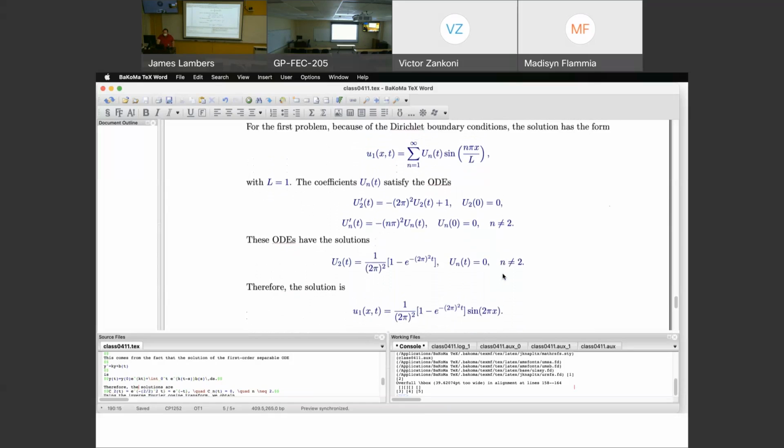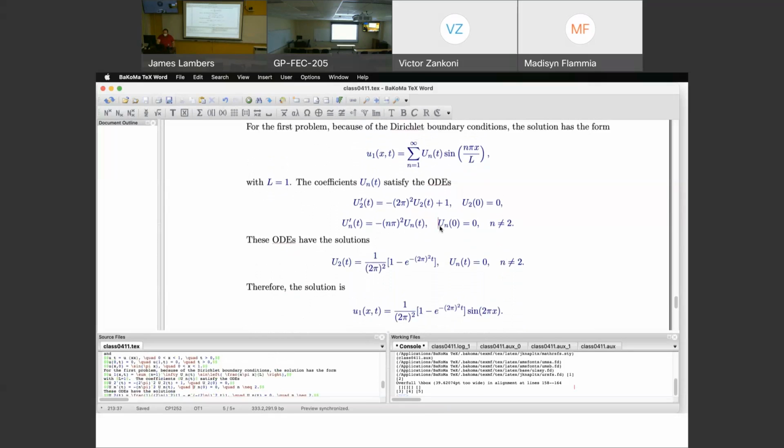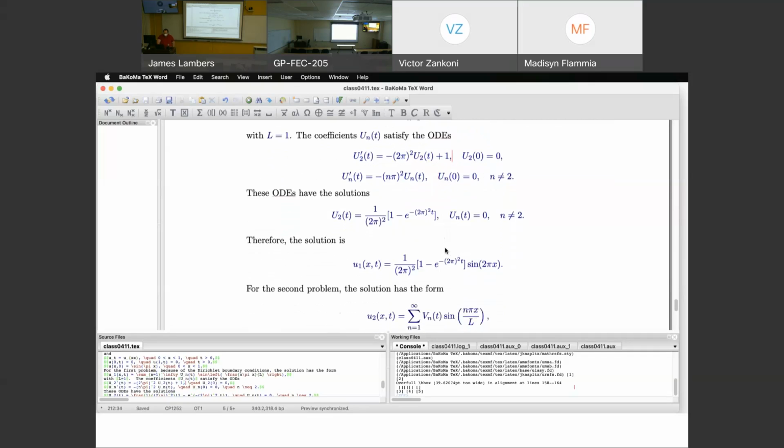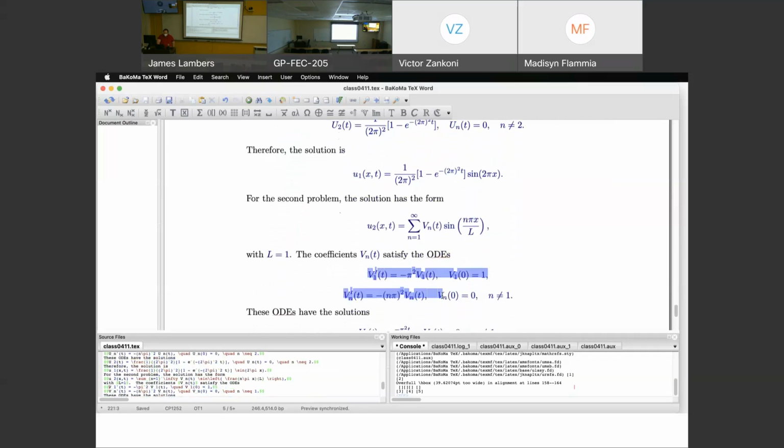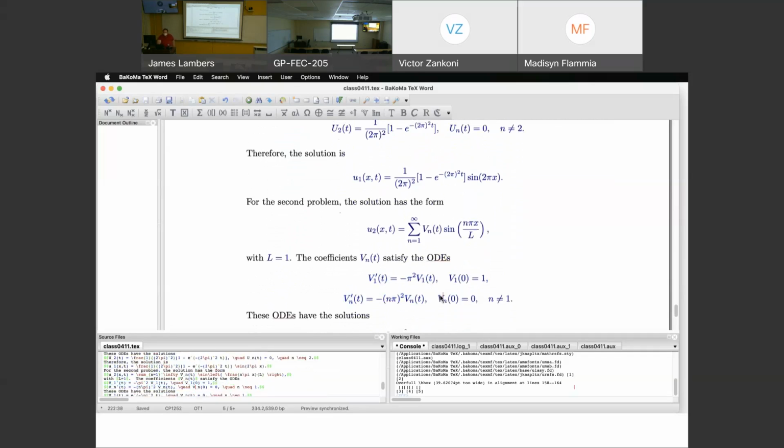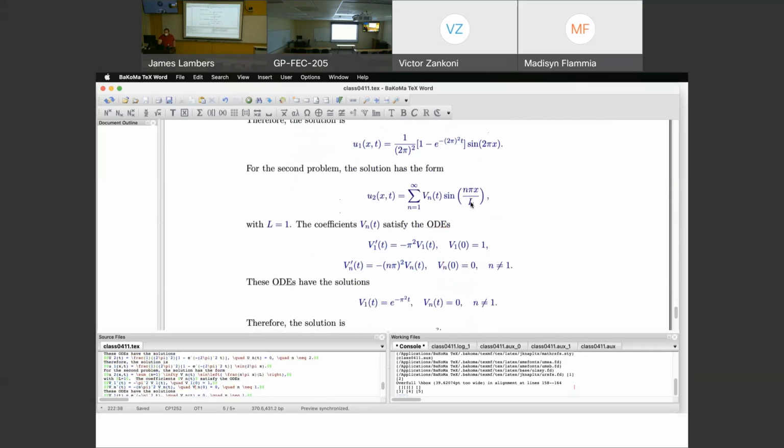So like in this case, for the first problem, we have 0 initial data for all the ODEs. In one case, we have a non-zero source term. But then for the second problem that we solve, all of our ODEs are homogeneous. So we have different solution formulas.